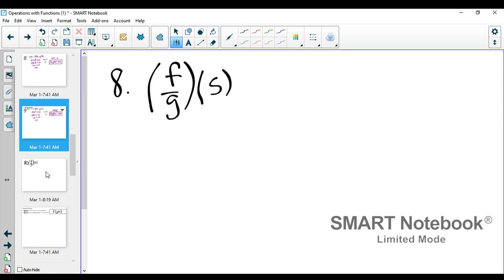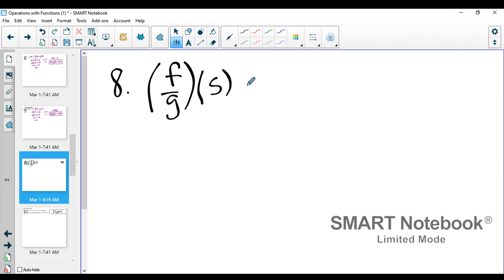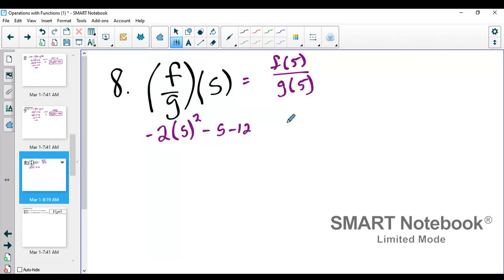And number 8. So we have f divided by g of 5. So we have f of 5 divided by g of 5. So plug everything in. So -2 times 5 squared minus 5 minus 12. And then 5 plus 7.